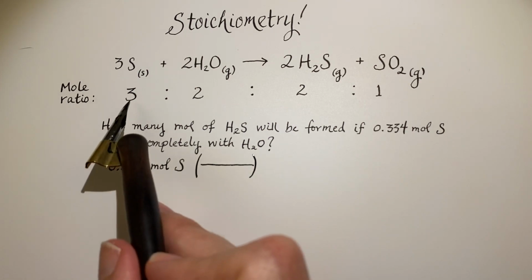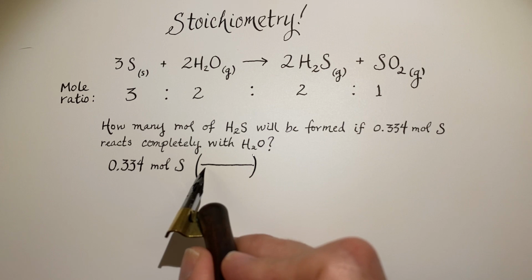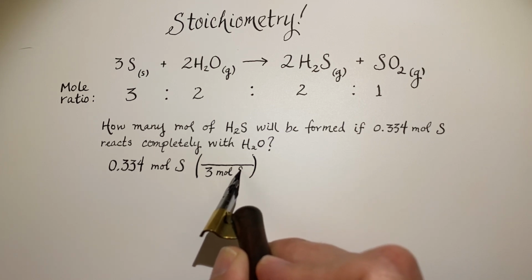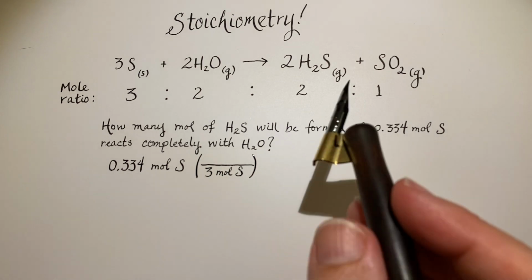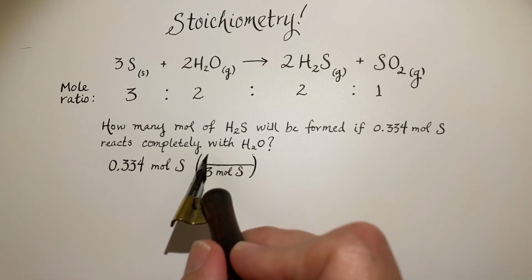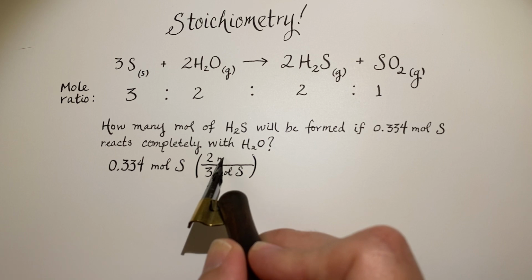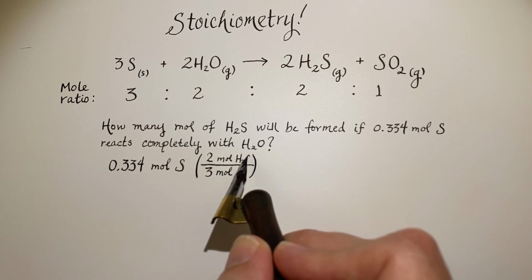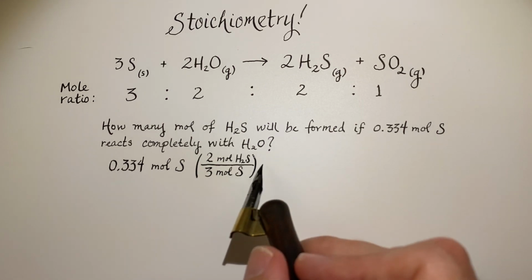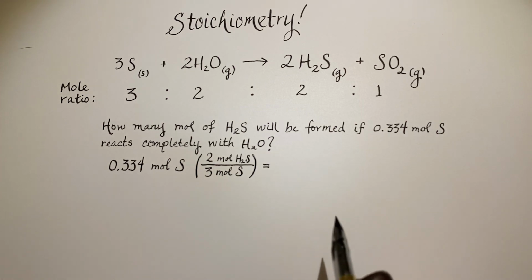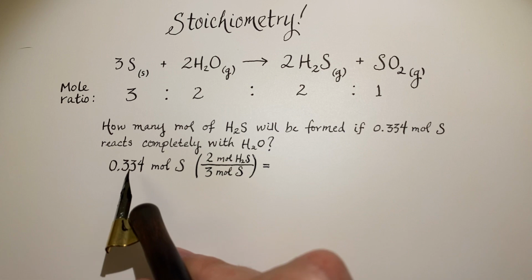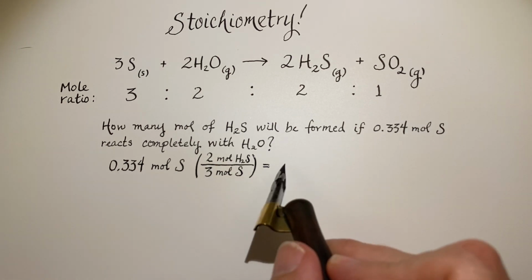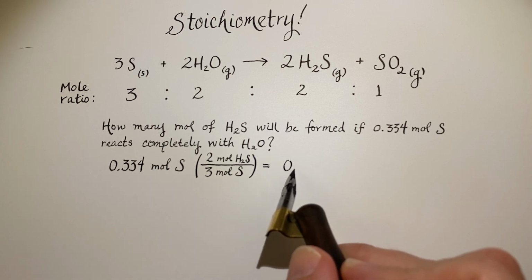And from this molar ratio, we know that there are 3 moles of sulfur for every 2 moles of the hydrogen sulfide, or dihydrogen sulfide. So this value we multiply by 2 and divide by 3, and that gives us a result.